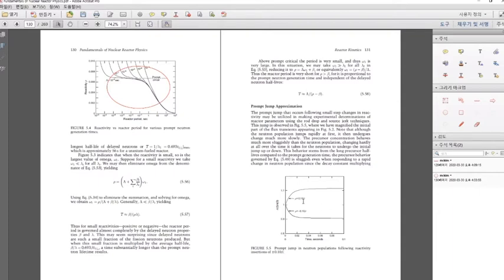From this figure, what can be seen is that the magnitude of a prompt jump is approximately 0.1, which corresponds to 0.1 beta reactivity.